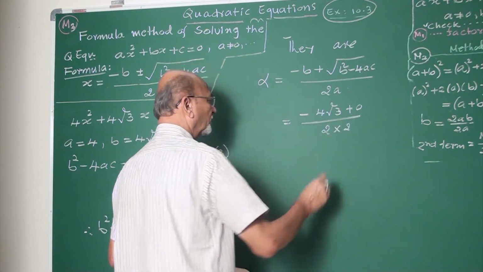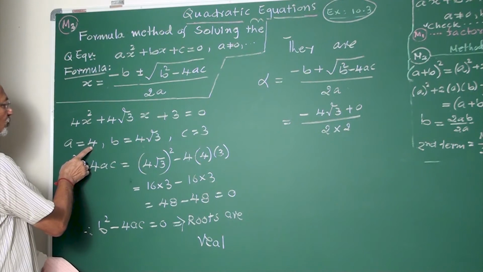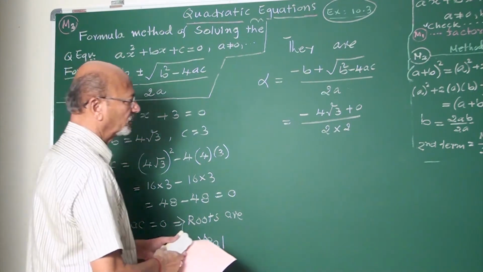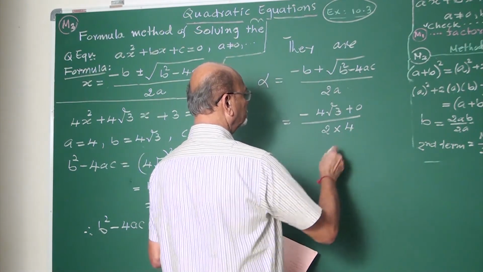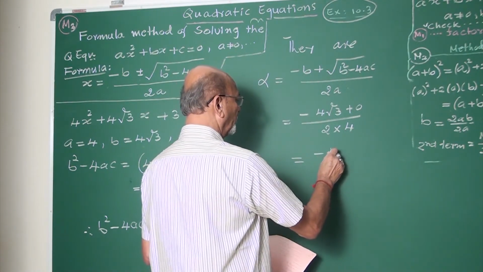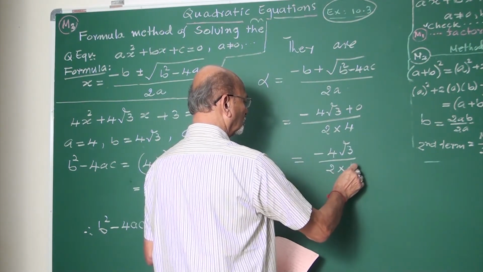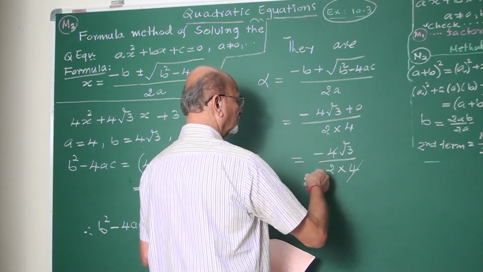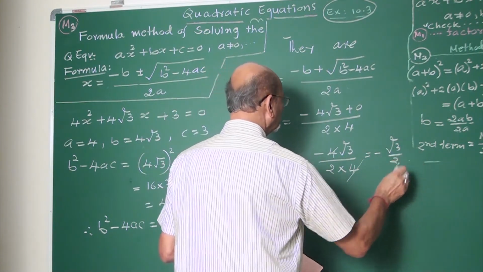A is 4. A is 4, equal to minus 4 root 3 upon 2 into 4. 4 cancelled. You are left with minus root 3 by 2.